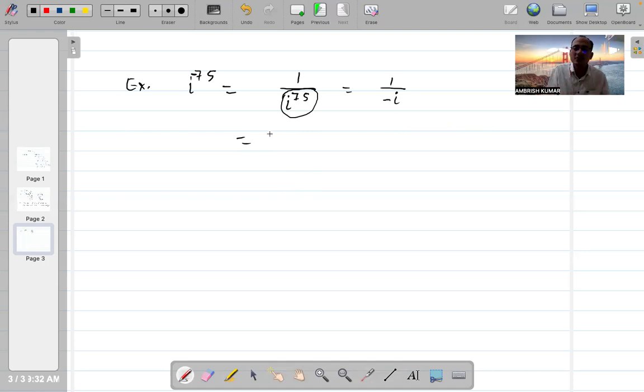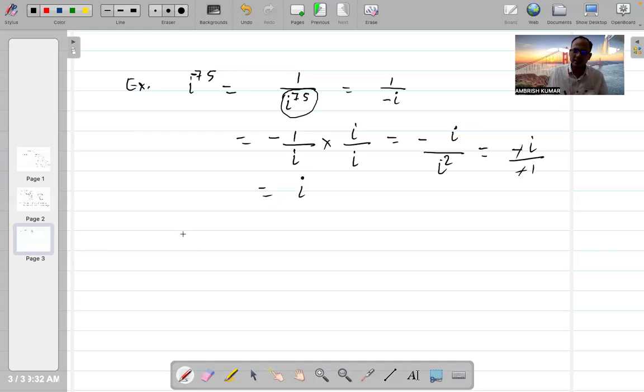Okay. So here 1 by i is there, and just multiply with i in numerator and denominator. Look, you have minus 1 into i and by i into i square. Now look, the value of i square is minus 1. So minus i by minus 1, it gets cancelled. So you get the answer as i.